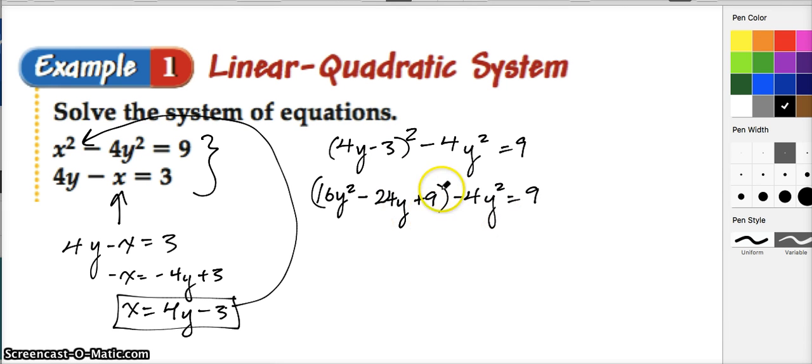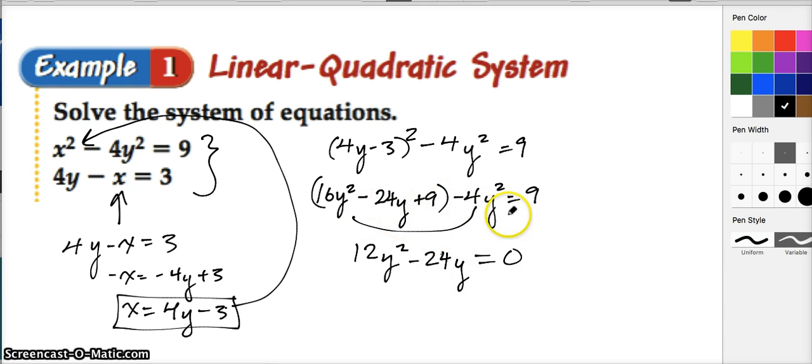Finishing this off, I'm going to join some like terms together. So I have 12y squared minus 24y. If I move this 9 over to the other side of the equal sign, I end up with 0. So all of this is equal to 0.